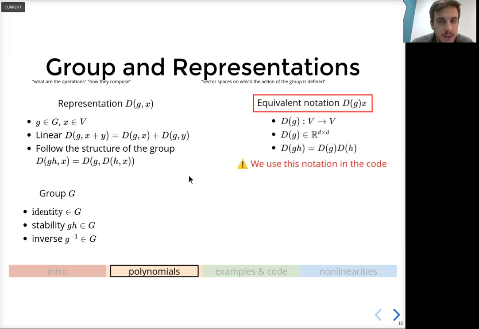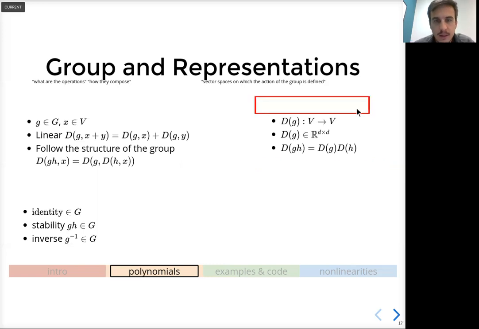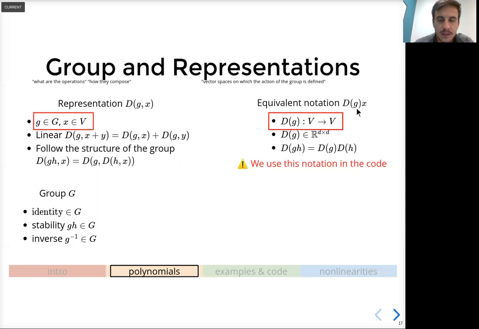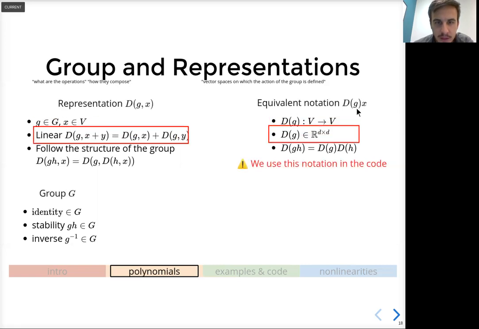There is an equivalent notation where instead of writing D of g and x, you write it as D of g, which then is a matrix that you can then apply on x. So D of g is a linear operation from V to V, so we can write it as a matrix.